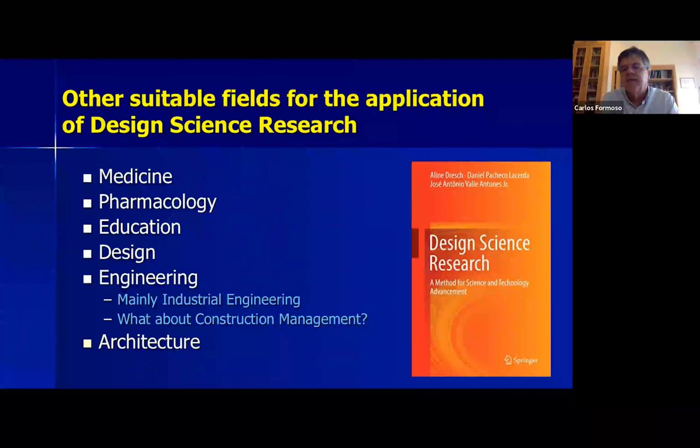And there is a counter argument that construction management is not social sciences, but it is a type of design science. Should be using design science research.